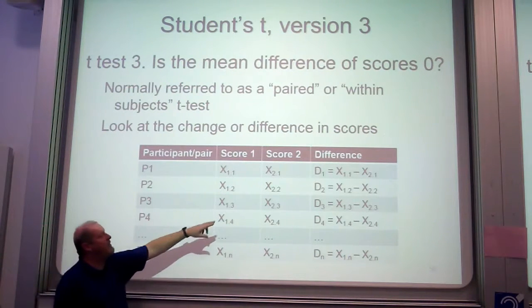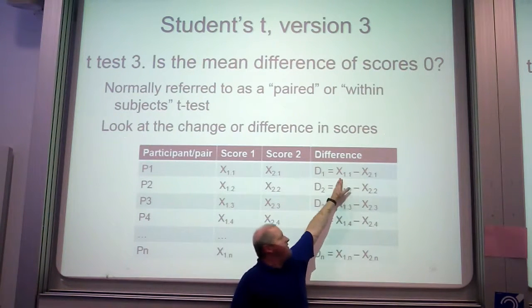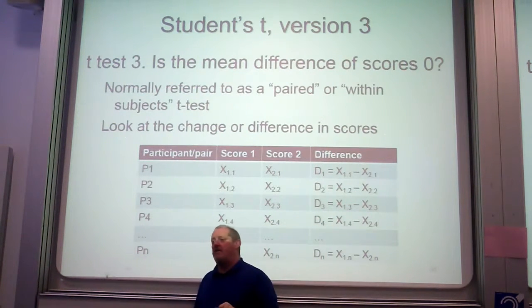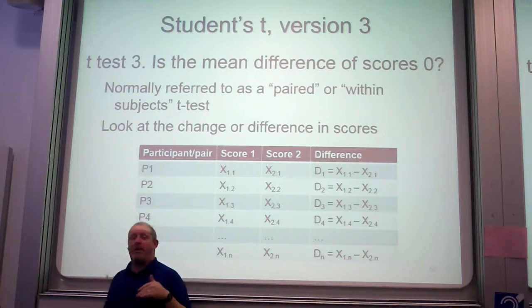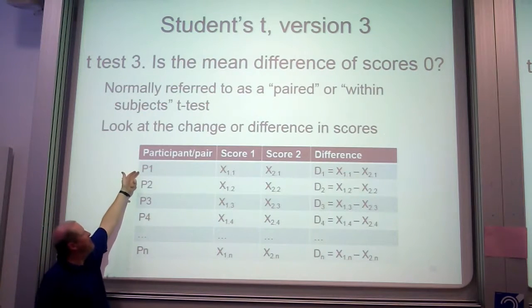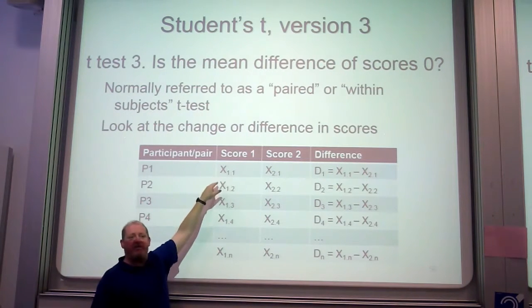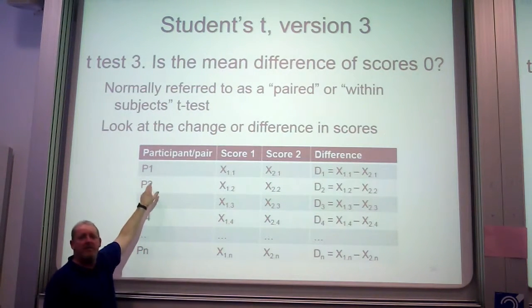Note that what this difference score is doing is comparing these two scores. So it's taking out any effect of the participant. If we were looking at, say, reaction time, if participant 1 was much faster than participant 2, you've got variability here due to differences in participants.